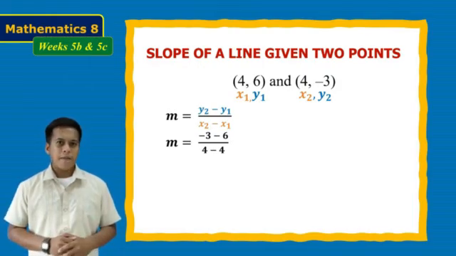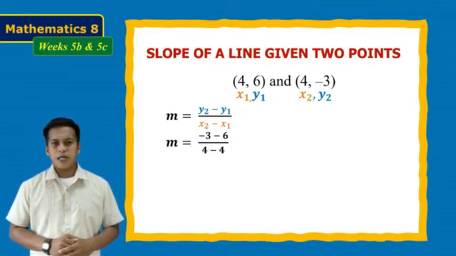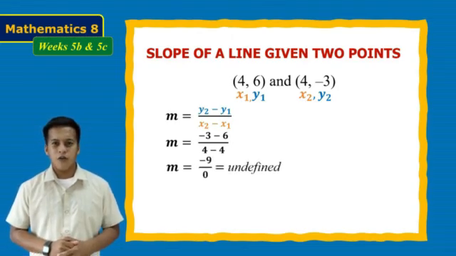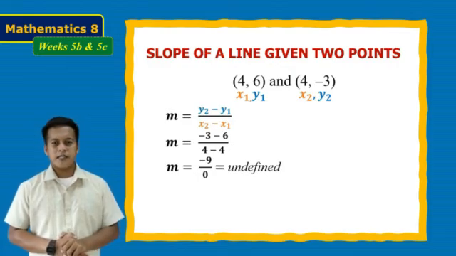So, m is equal to negative 3 plus negative 6 all over 0. Simplify, m is equal to negative 9 over 0. Thus, m is undefined. The final answer is undefined since the denominator is 0.